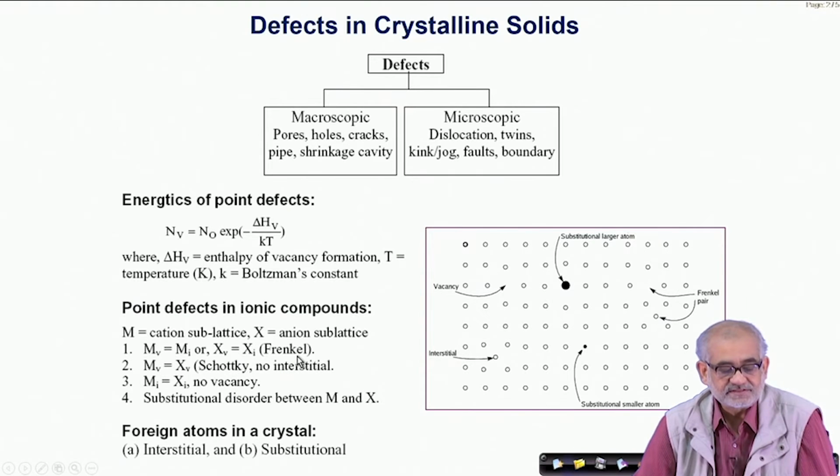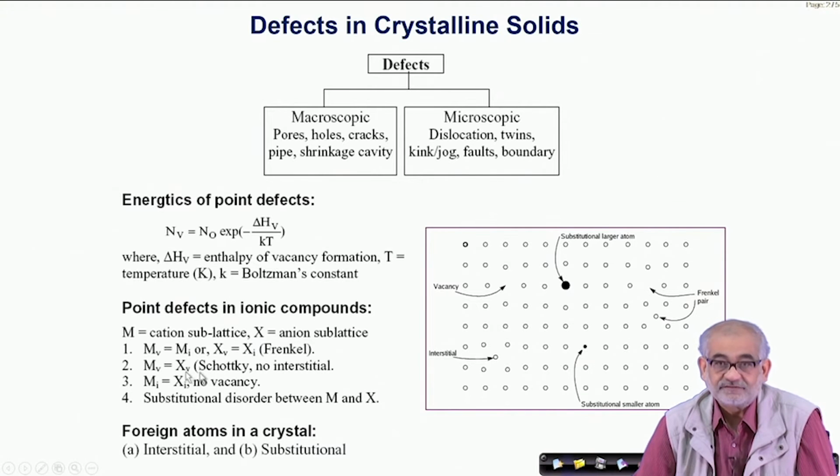This kind of defect is called a Frenkel defect, where we have an identical number of vacancies in the cationic sublattice compensated by the number of interstitials in the cationic sublattice. A similar thing can also happen for the anionic sublattice, and that's how you can maintain the charge neutrality.